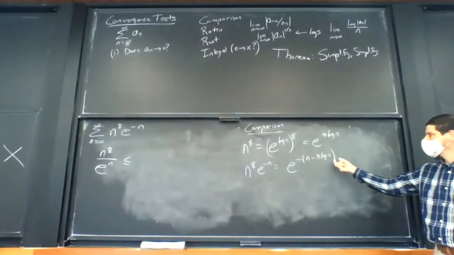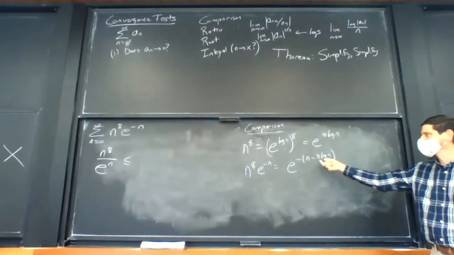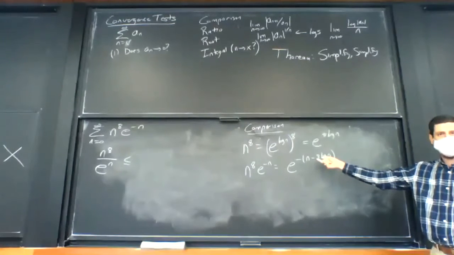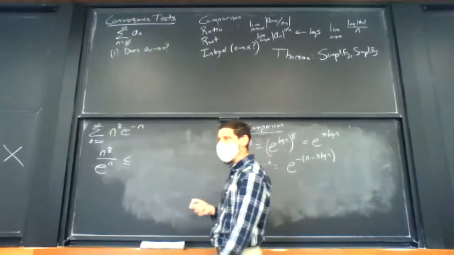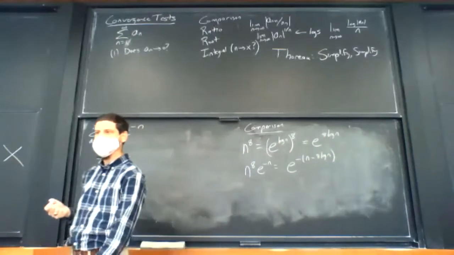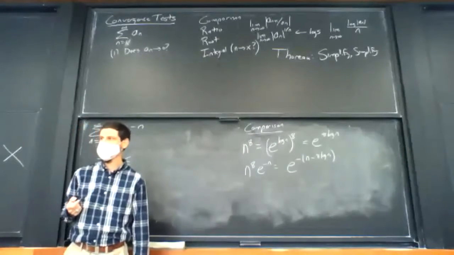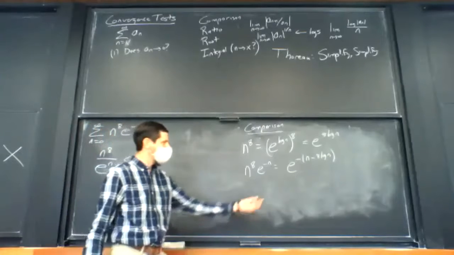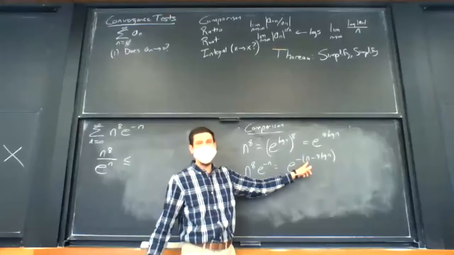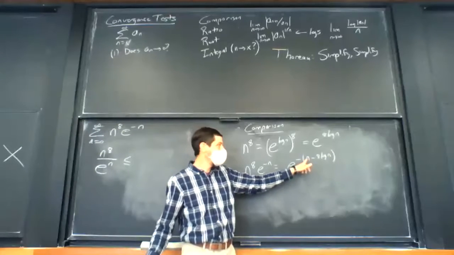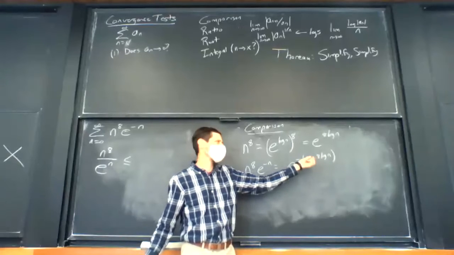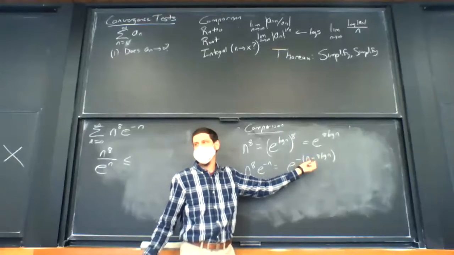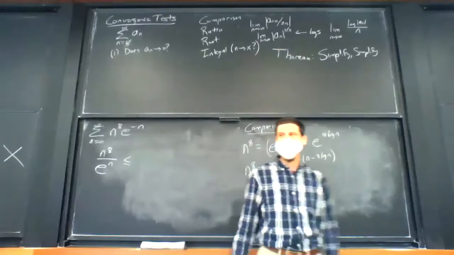When n is really, really large, 8 log n is minuscule relative to n. What is the natural log of e to the 100? 100. So if I take n equals e to the 100, or the closest integer to that, this is e to the 100th power minus 100. That's essentially e to the 100. The minus 8 log n is minuscule.